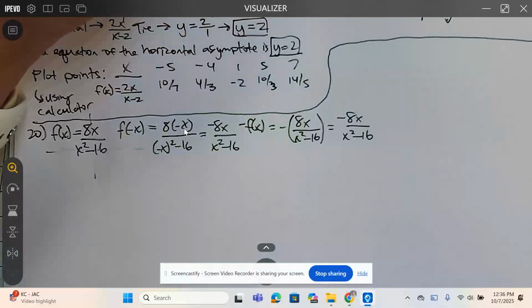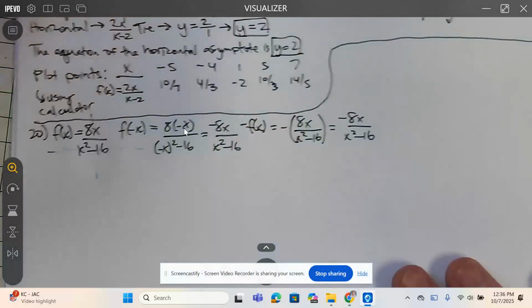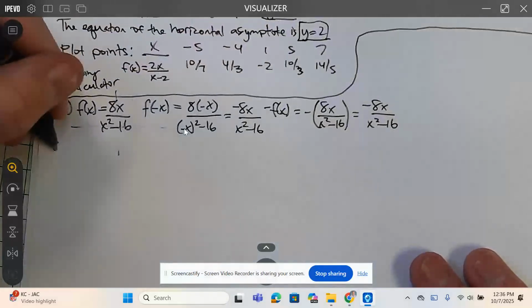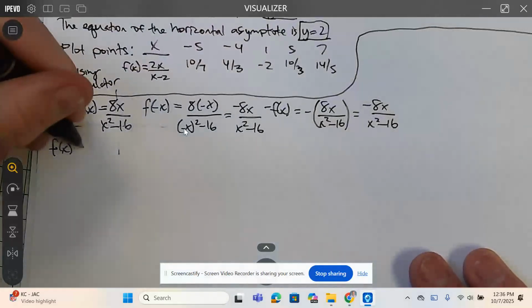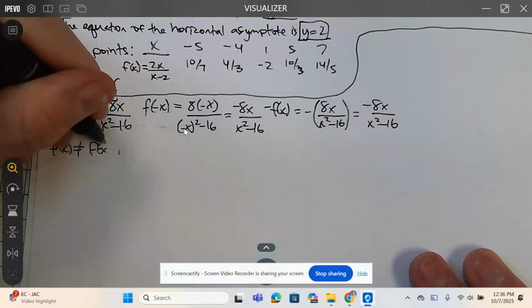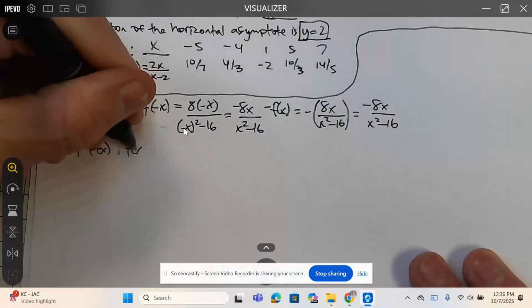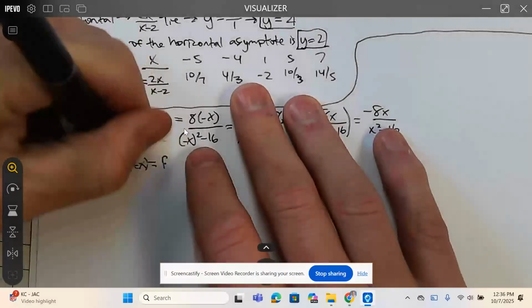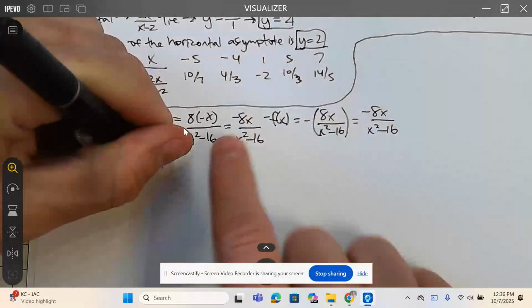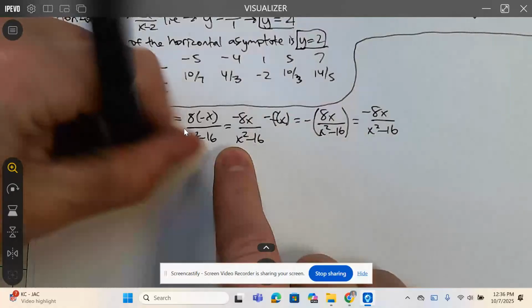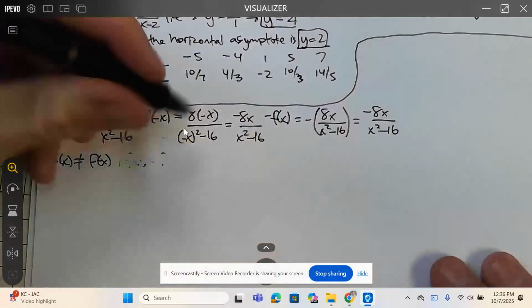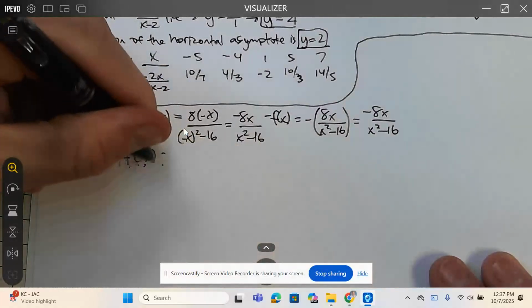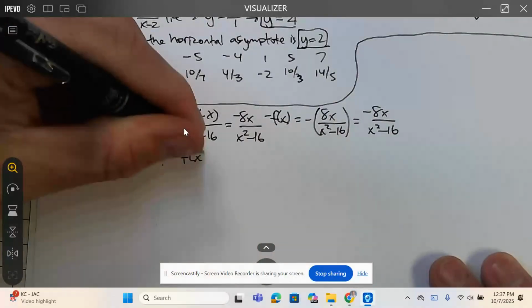Okay. Actually, notice on this one that f of x does not equal f of negative x. However, f of negative x equals negative f of x. These two are actually equal. So f of negative x is equal to negative f of x.